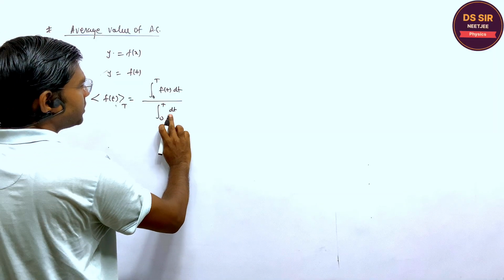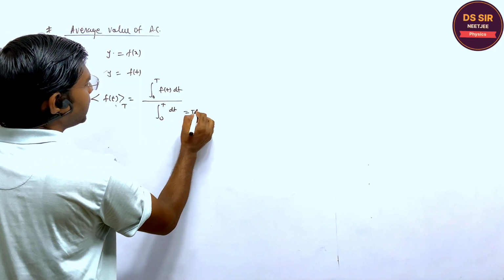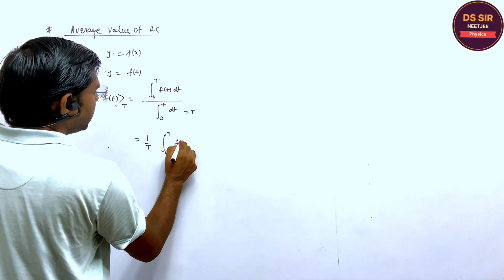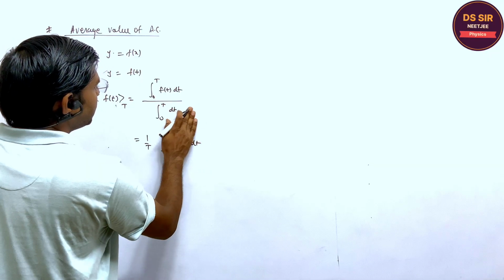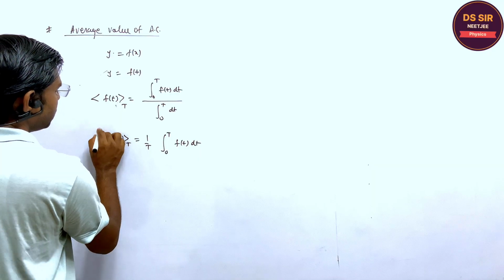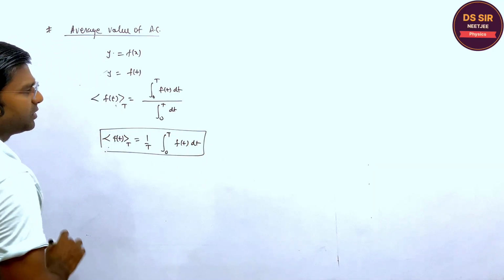If you integrate the denominator, it will be equal to T. So it may be written as 1 upon T times the integral from 0 to capital T of f(t) dt. This is the average value of this function for one time period, capital T.